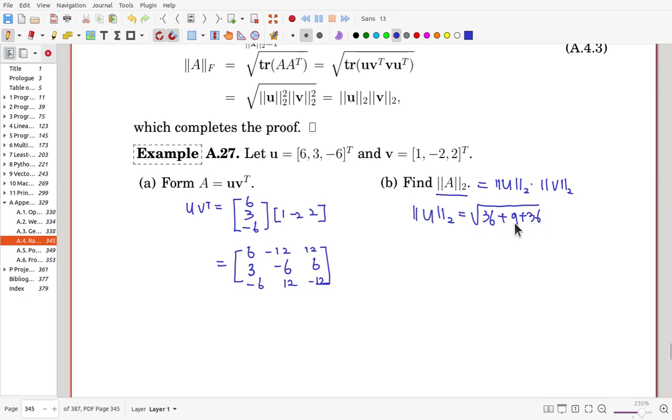That is 72 plus 9. That's 81. So it is 9. How about the V 2 norm? That is the square root of 1 plus 4 plus 4, which is 9. So that is 3. So here we can conclude the 2 norm is this product, which is 27, right?